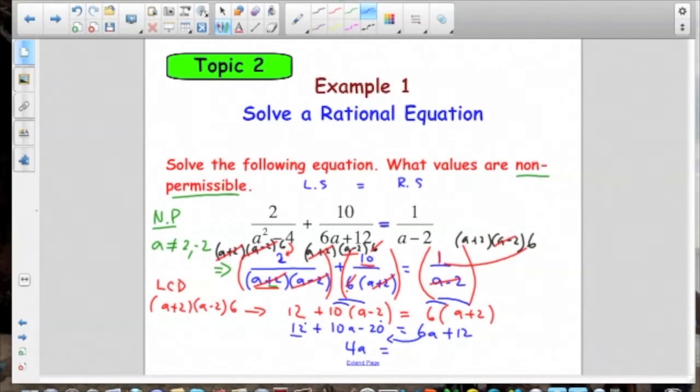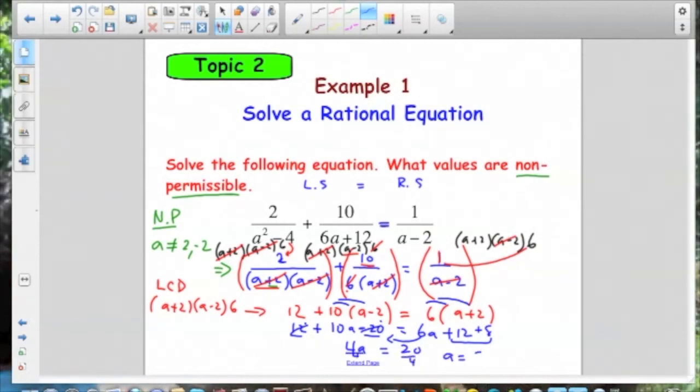Let's collect like terms. 12 subtract 20 is negative 8, so this becomes positive 8 on that side. So those now are gone, and 12 plus 8 is 20. Divide by 4, divide by 4, so a equals 5.